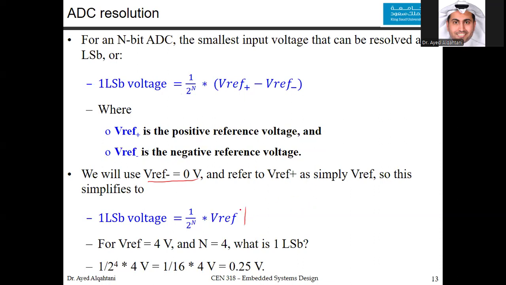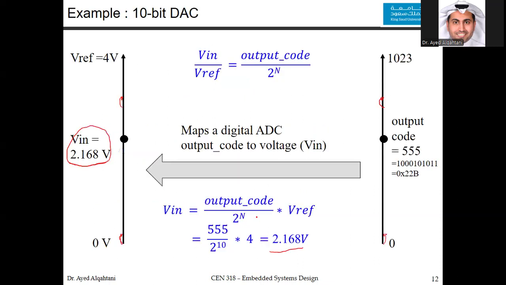Actually, we can get this exactly if we apply the rule that we have here. So we are actually interested in one least significant bit voltage. So if you want only one Vin, you would say we have 1 divided by the Vref.